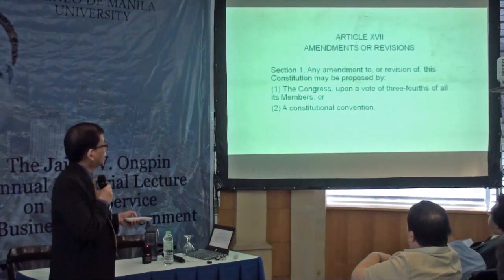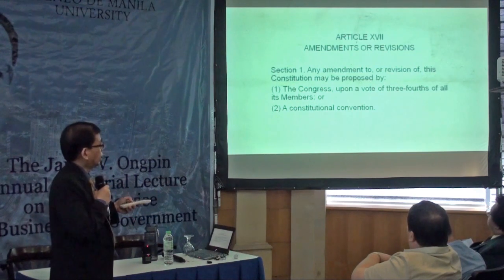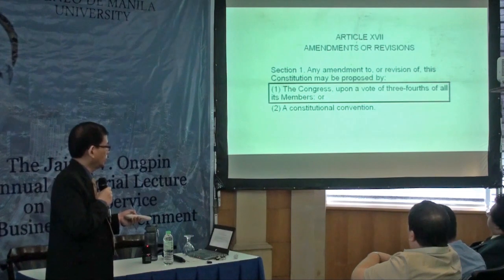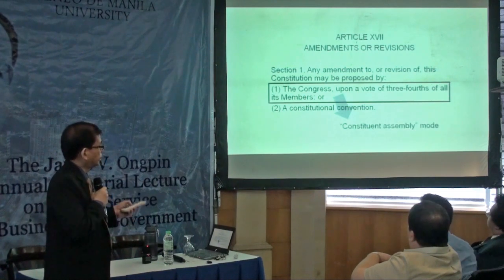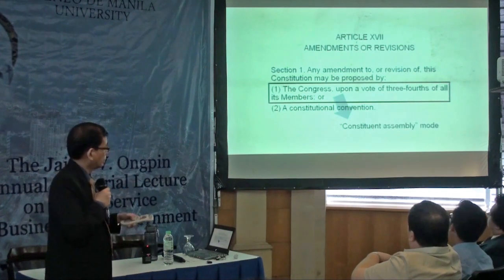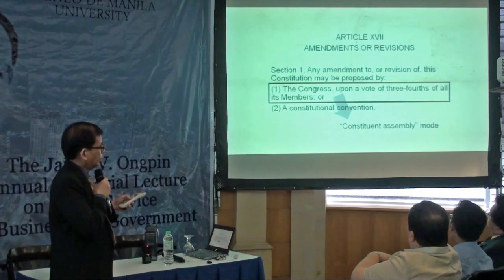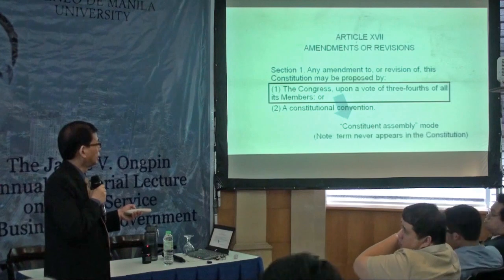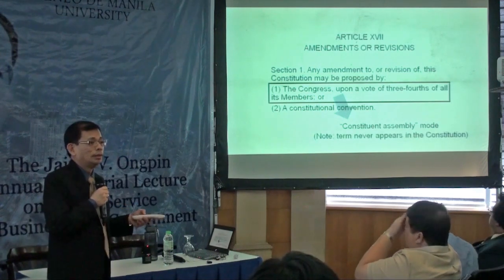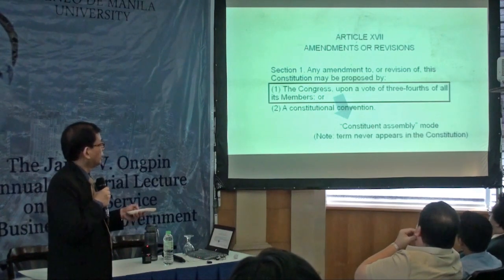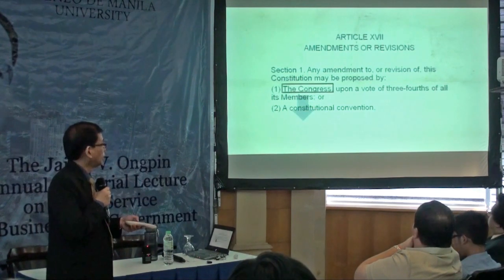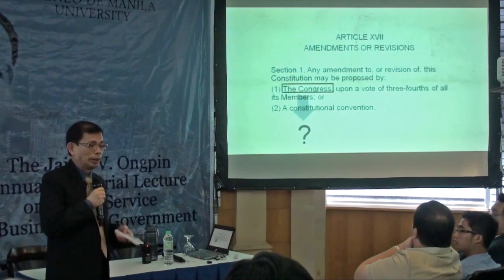The Constituent Assembly, I discussed this in class, is in Article 17, Amendments or Revision, upon a vote of 3/4 of all its members of Congress. I will tell my students that the term never appears in the Constitution. There's actually a question: shall Congress vote separately or jointly?